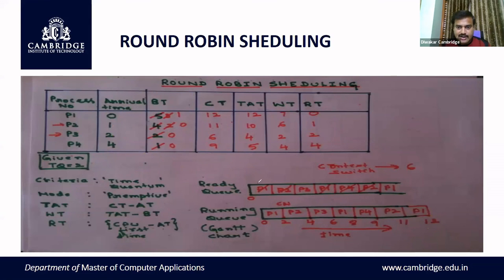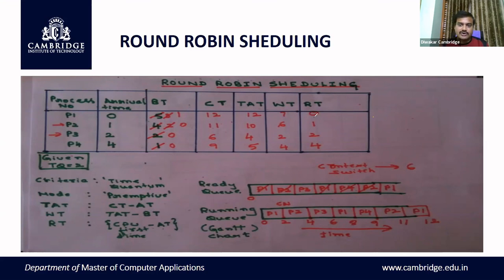Next, right, this is the response time. If you want the average turnaround time, you add 12 plus 10 plus 4 plus 5: 12 plus 10, 22, 22 plus 4, 26, 31. 31 divided by 4, whatever value you get, that is the average turnaround time.